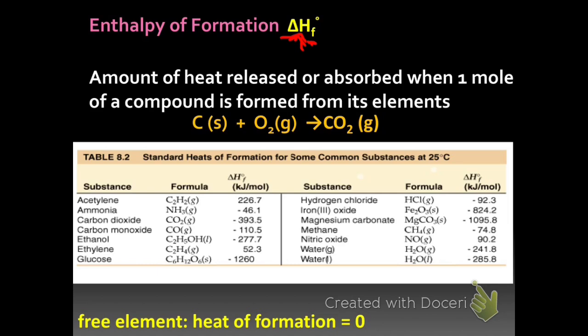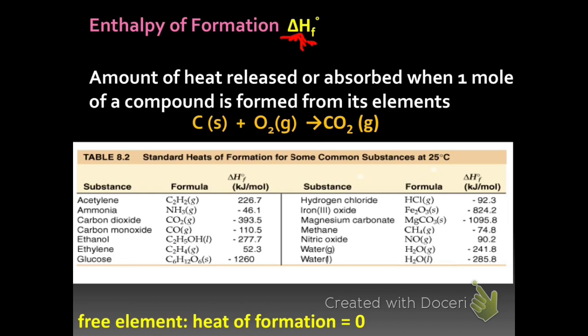Yeah, and if you notice, every different compound has a different heat of formation number, because it takes a different amount of energy to make each specific type of compound. Now, what's not on there are your free elements, the elements that are by themselves.